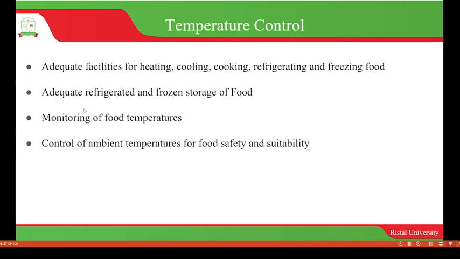Then monitoring of food temperatures has to be done always so that we can control the growth of microorganisms. Then control of ambient temperatures for food safety and suitability so that the food remains safe for consumption and suitable.